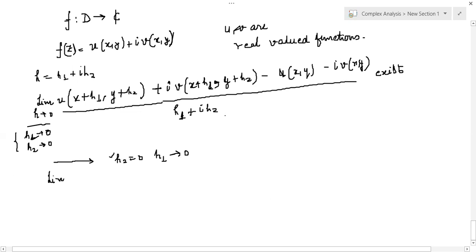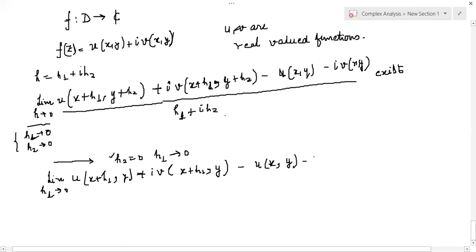This will be the limit as h1 tends to 0 of u of x plus h1 comma y plus iota v of x plus h1 comma y minus u of x comma y minus iota v of x comma y, divided by simply h1.